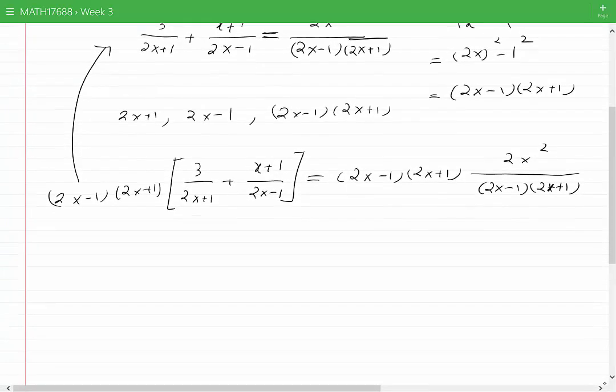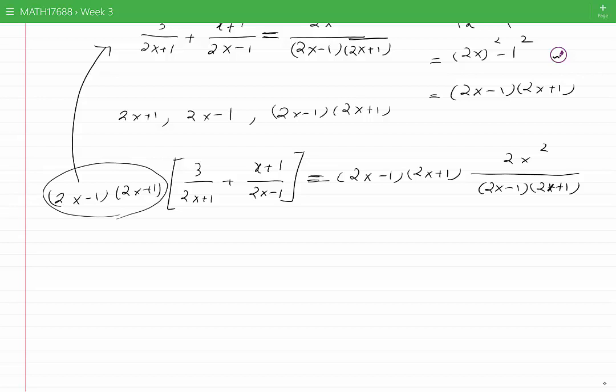Now let's see what we would have on the left hand side of this equation. This is one term, and inside the bracket we have two terms. This will be multiplied into the first term and then multiplied into the second term. Let's multiply it into the first term.